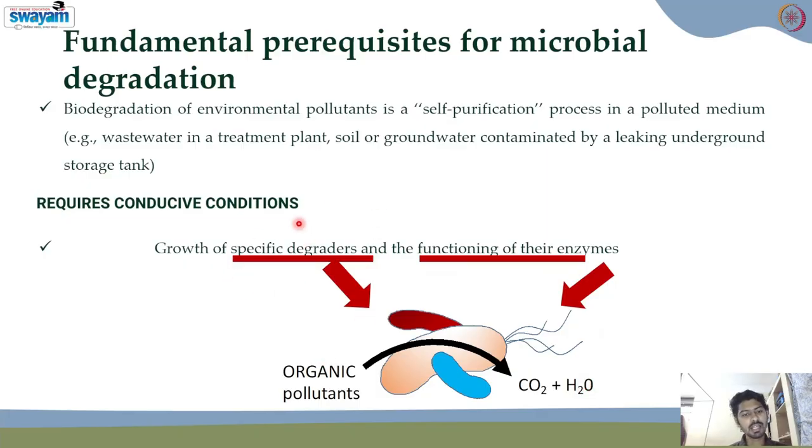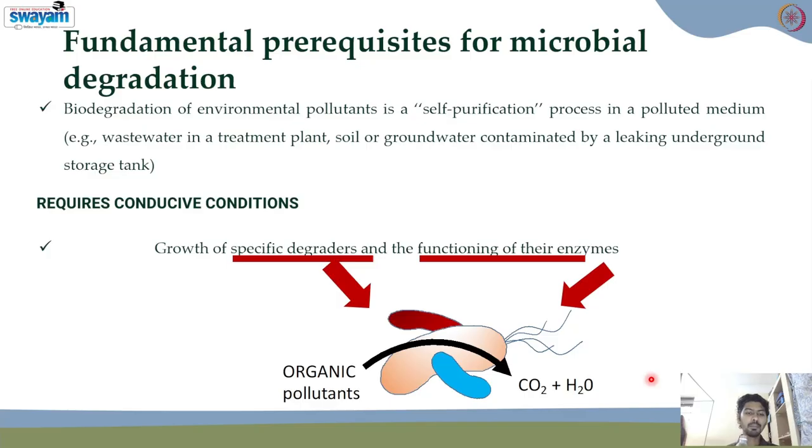If you have the correct growth and correct proportion of enzyme with the correct environment, then the organic pollutant can be converted into simpler compounds. That is, biomineralization can be achieved easily, forming carbon dioxide and water.